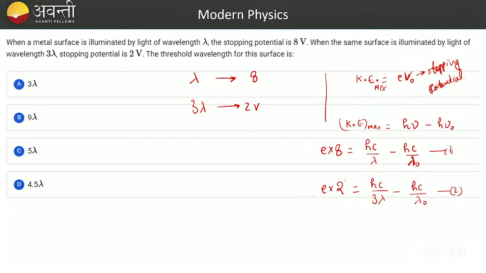Just multiply the second equation by 3, and now subtract it from the first; minus this will become plus. So 8e minus 2e on this side, and this will cancel out. This will become hc by lambda naught minus hc upon 3 lambda naught.